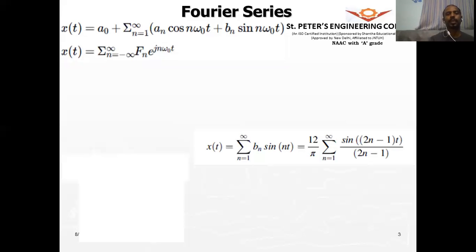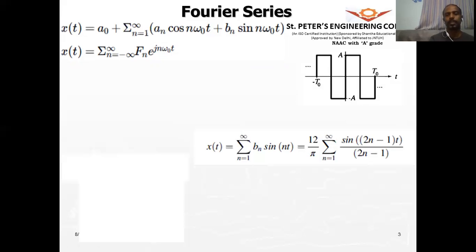So we are simply representing the ck as fk here. The formula is the same one. This is in terms of the complex exponential. This is in terms of the sinusoidal or the trigonometric representation of Fourier series.